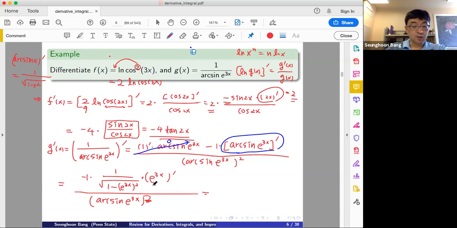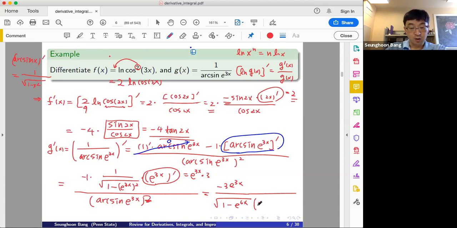Like this. Also, e to the 3x prime is the same as what? Itself, e to the 3x, times the inner function 3x prime. The derivative of 3x is 3. So you can keep negative 1 times 3 times e to the 3x as the numerator, over the denominator, the square root of 1 minus e to the 3x squared, which is e to the 6x, times the other denominator, the reciprocal of this one, arc sine of e to the 3x squared.